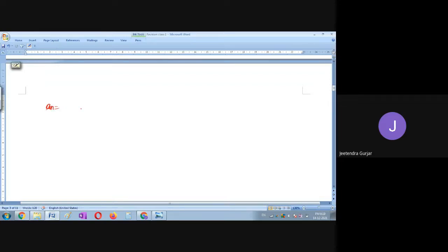Yes, friends. This is 1 upon pi integral minus pi to pi f of x cos nx dx. Please remember it was actually n pi x upon L in general, but here you can see L is equal to pi, therefore this is n pi x upon pi.